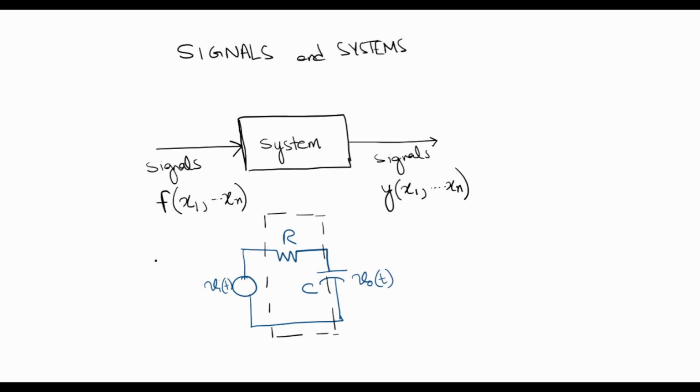Let's say if Vi of t is a unit step function like this, that is, it is 0 up to a certain time, let's say 0, and then at 0 it changes its value from 0 to 1, and if this is the input Vi of t, then the output is a ramp function like this.